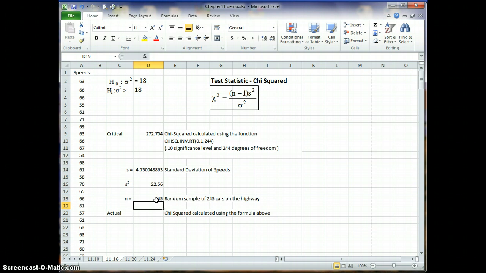So we put that in, and now we can go ahead and do the actual calculation of this chi-squared up here. So we go equals n minus 1 times s squared, the 22.56, and then we actually divide all of that.